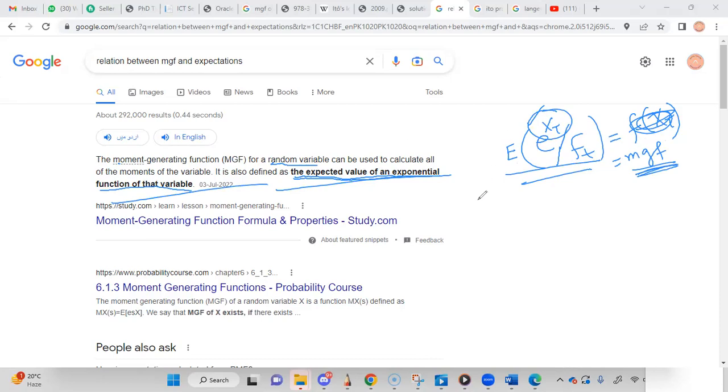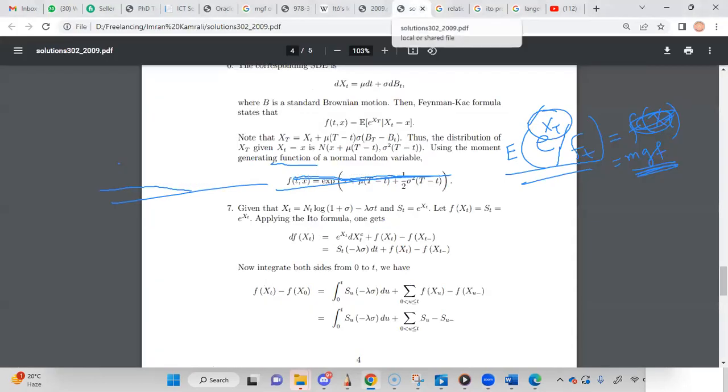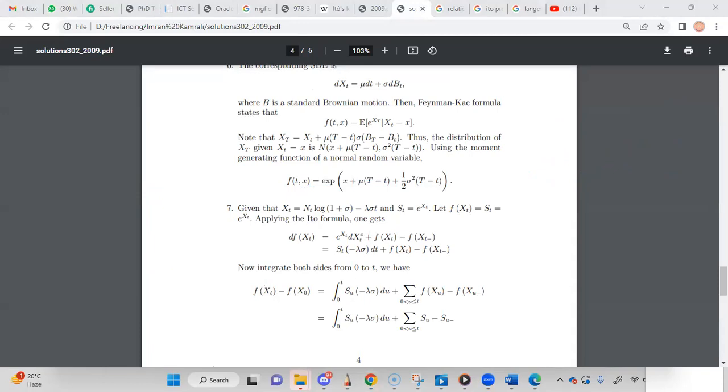Okay, let's see. Let me take you to the solution that you sent me, so that I don't waste more time and this is clear. It says that using the moment generating function of a normal random variable, this is the MGF of this x of t.